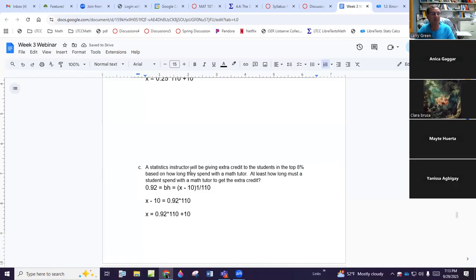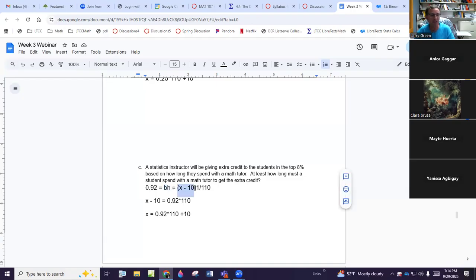All right. Well, the top 10%. Okay. That means 92% is below that number. Sorry, top 8% means 92% is below that number. Because 100% minus 8% is 92%, or 0.92. That's the same idea as base times height.